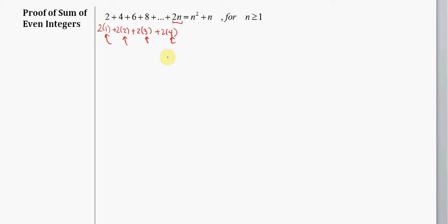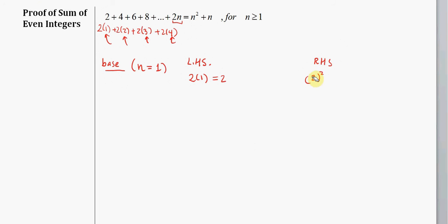Okay. So let us begin with proving this using the base case, or the base step. This is the most simple scenario when n is equal to 1. So if n is equal to 1, on the left-hand side of the equation, you have 2 times 1, which is equal to 2. On the right-hand side of the formula, you have 2 squared.